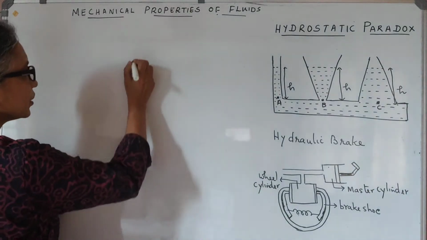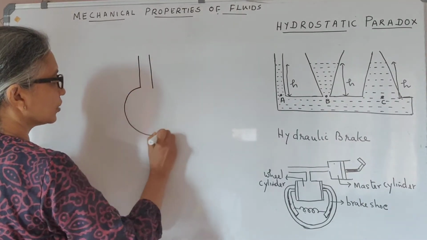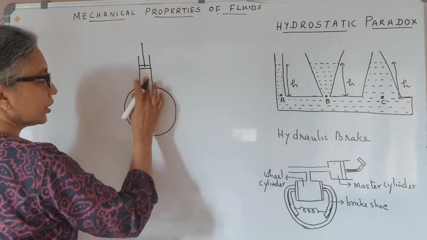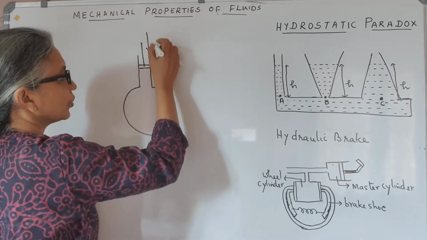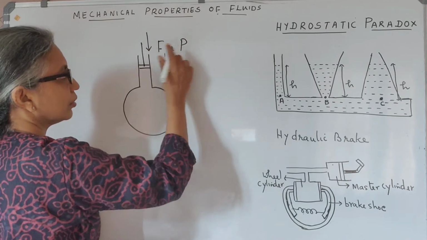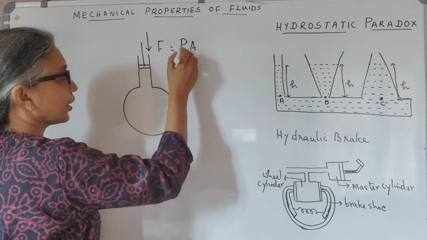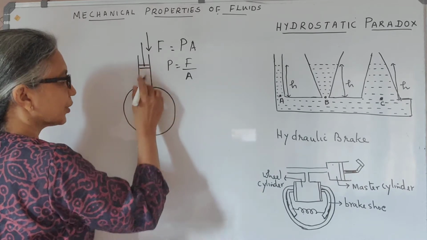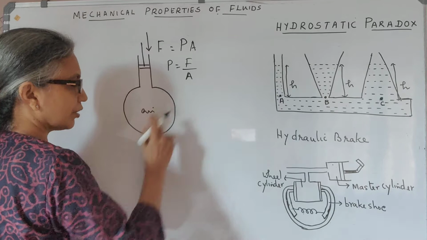For example, suppose we have a container like this, and I have fitted it with a piston. Let's say this is full of air. Now, if I push this down with some force F1, where F equals PA, pressure into area, this pressure, which is F by A, will be transmitted because this is a fluid, air, contained inside a vessel.